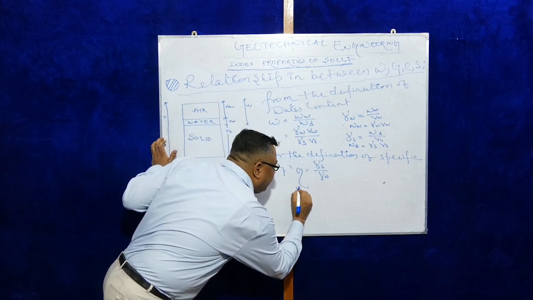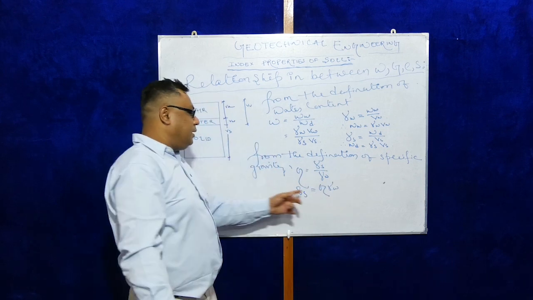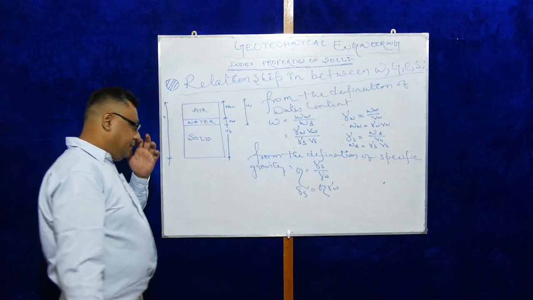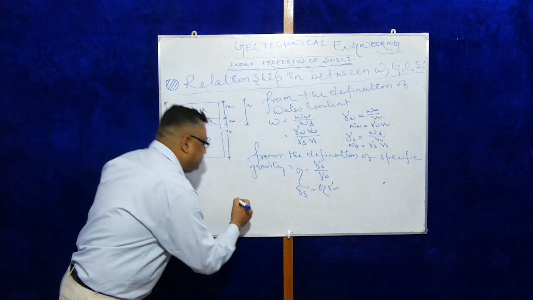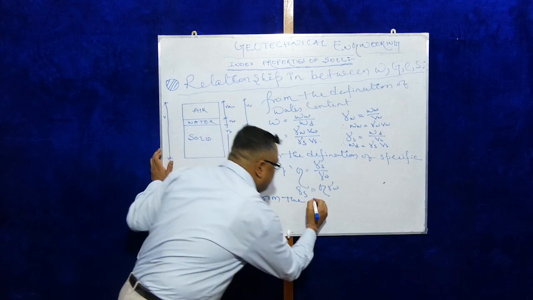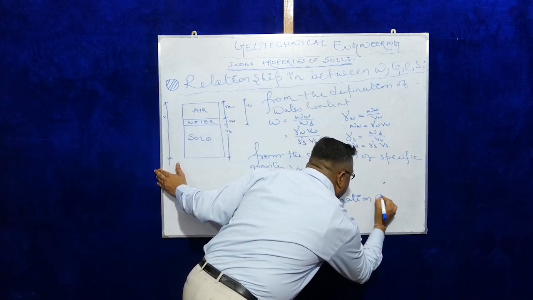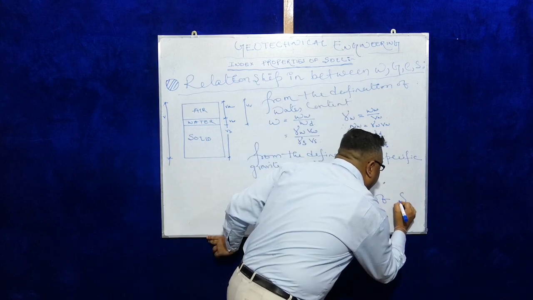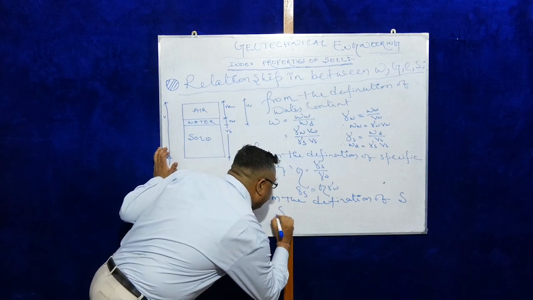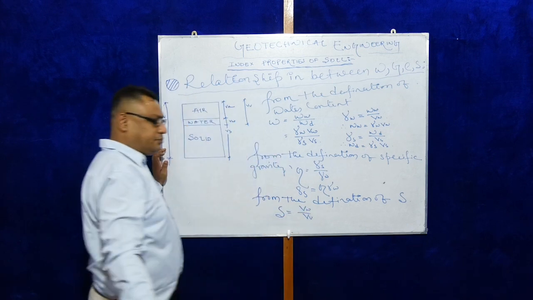Therefore, unit weight of soil solids is equal to specific gravity into unit weight of water. Next, from the definition of degree of saturation, that is S. What is degree of saturation? It is the ratio of volume of water to the volume of voids.